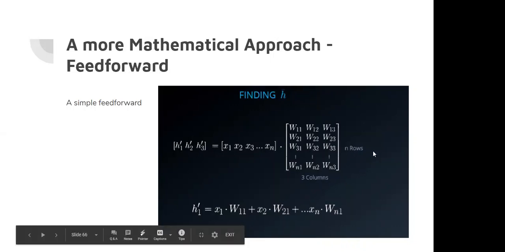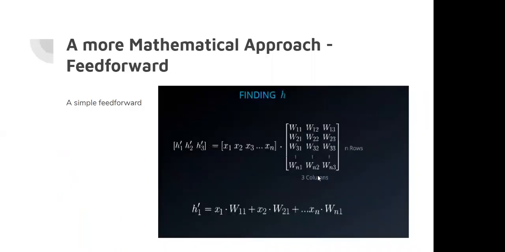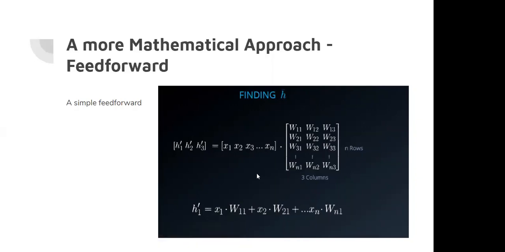Why do we have n rows and 3 columns? Because of this. And to calculate H1 dash, H2 dash, and H3 dash, you just do a simple dot product. It is as simple as a dot product, which is also, I think, Hadamard multiplication, but let's not get into that.